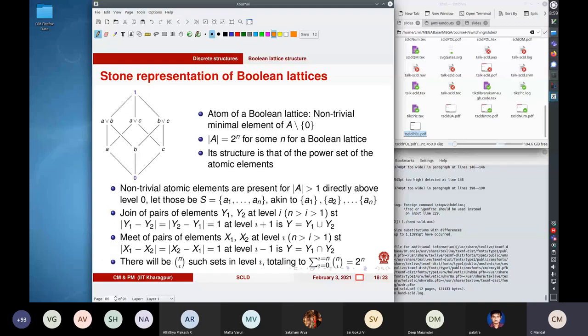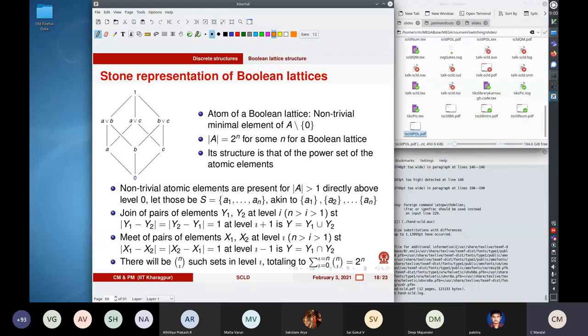So, as you can see, there will be a combination of n elements taken I at a time in each level, and you'll have a total of 2 to the power n elements. So this is the stone representation of a Boolean lattice, and as you can see, you can see how this is related to the power set lattice.